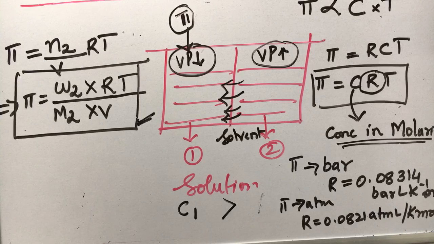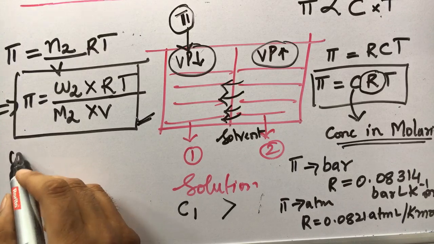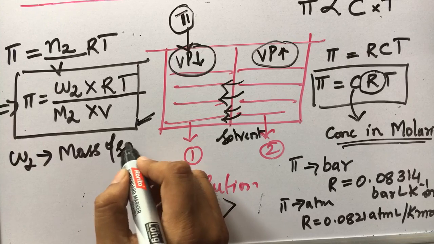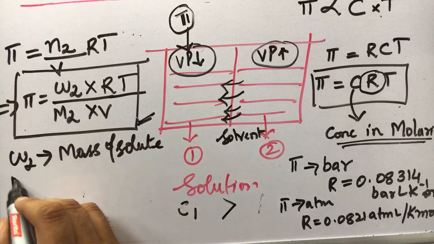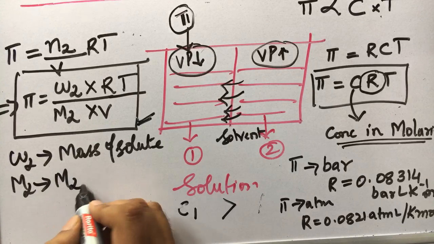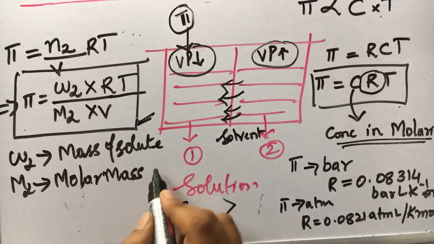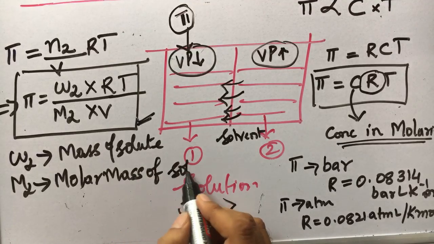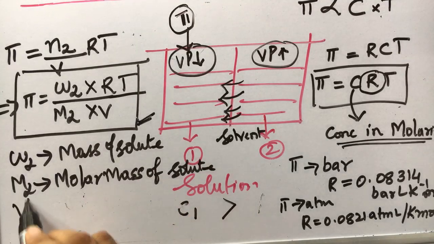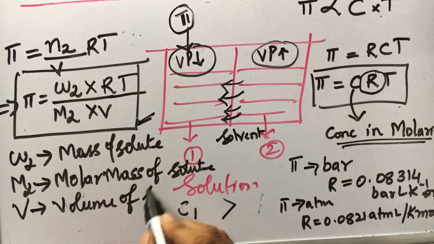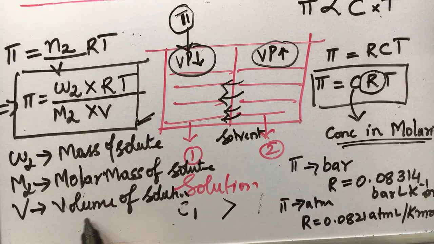Pi is equal to W2 into RT divided by M2 into V, where W2 is the mass of solute dissolved, M2 is the molar mass of solute, and V is the volume of solution, usually expressed in liters.